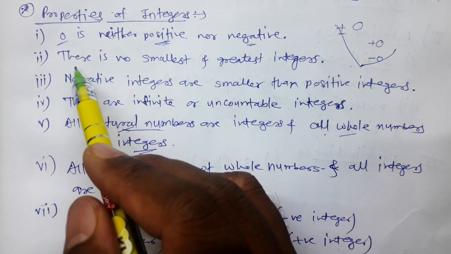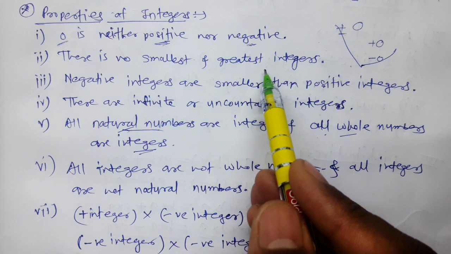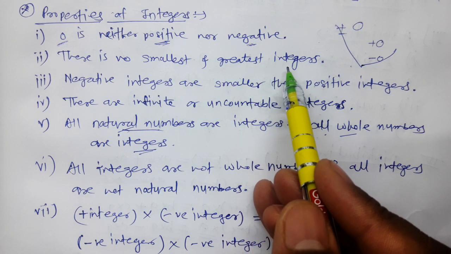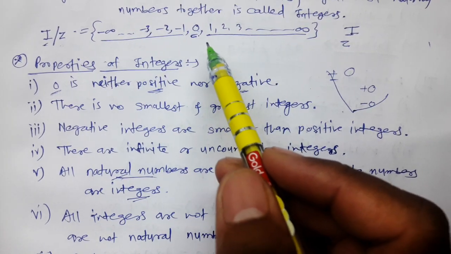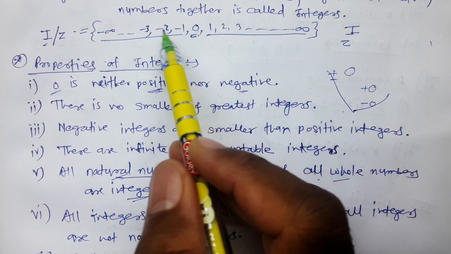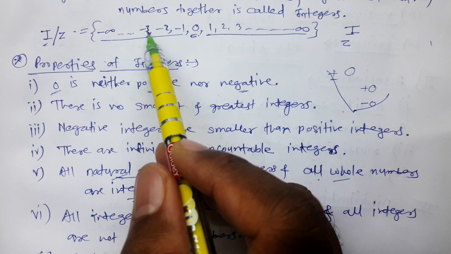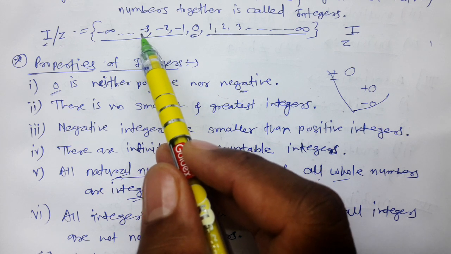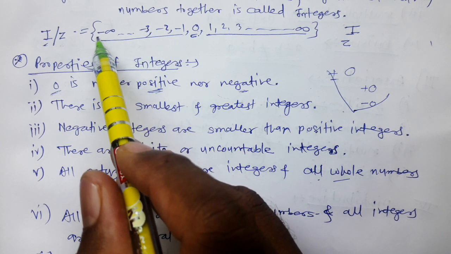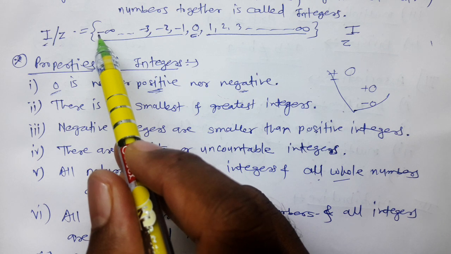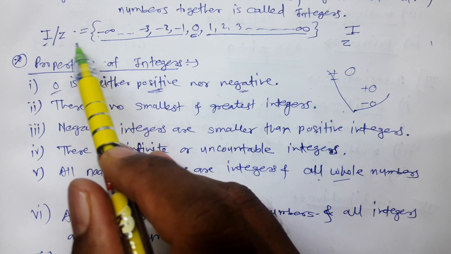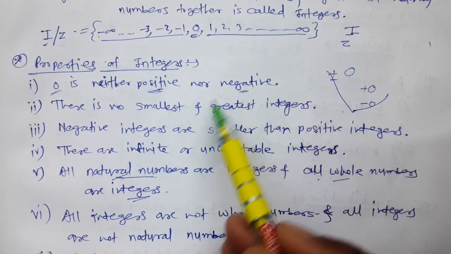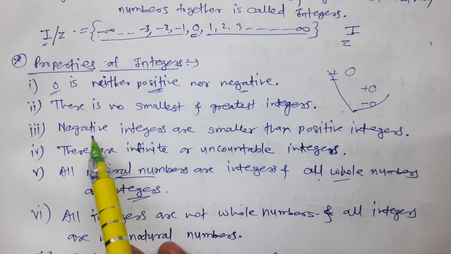Now the next property is that there is no smallest and greatest integer, because if we want to find the smallest integer, -1, -2, -3, for every smallest integer there exists a number smaller than that. So we cannot find the smallest integer and we cannot find the greatest integer.